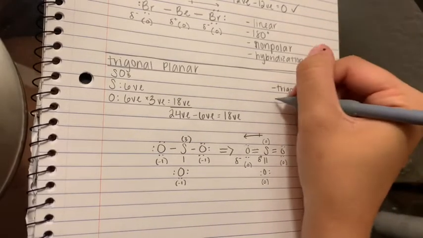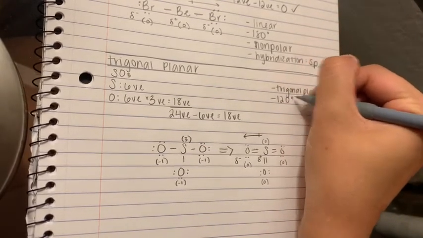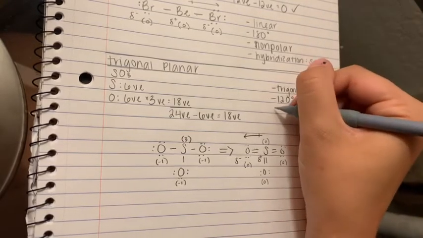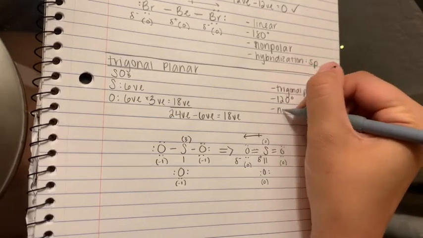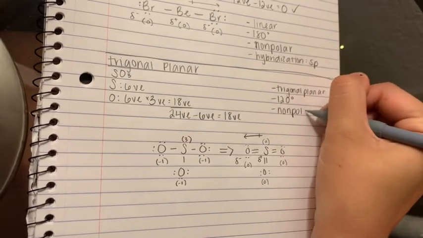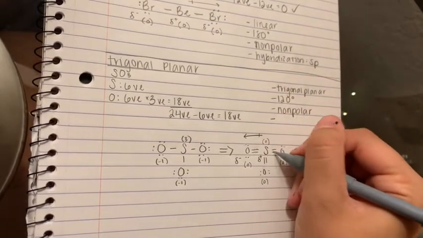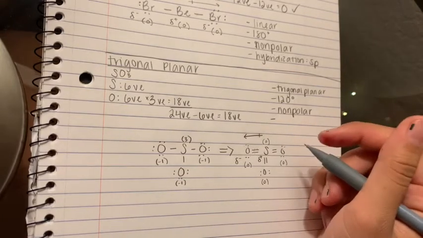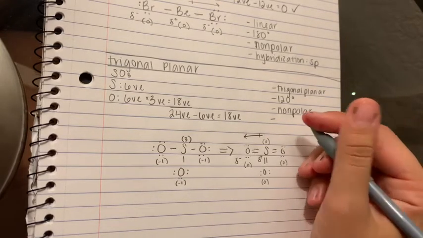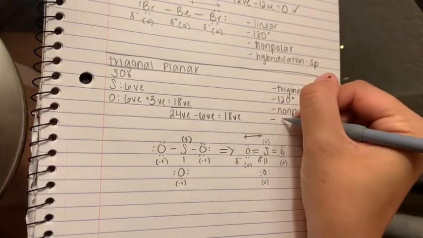That means the bond angle is 120 degrees, and it is symmetrical, so it's nonpolar. And then for the hybridization, there are 3 electronic domains, so the hybridization would be sp2.